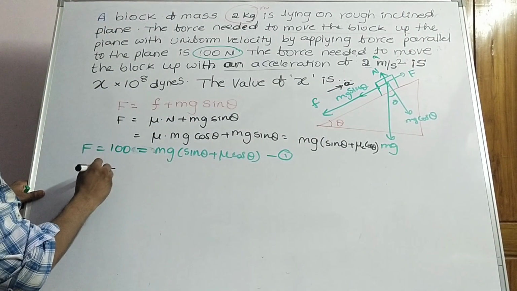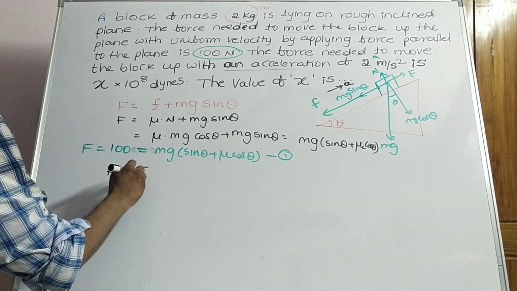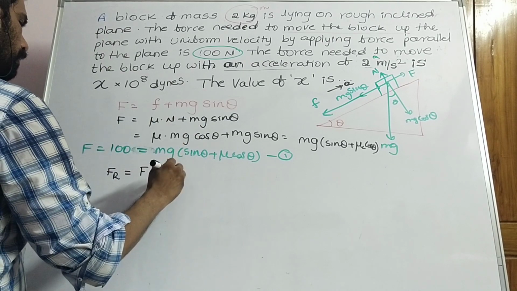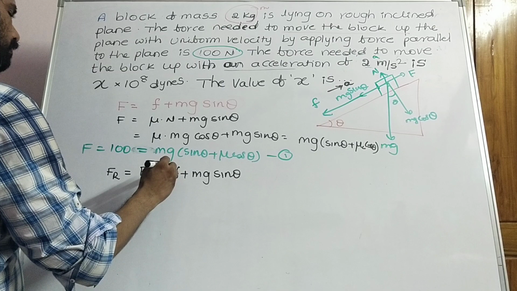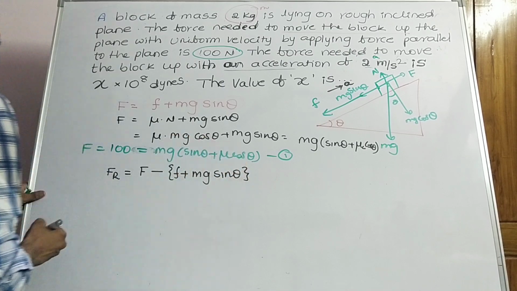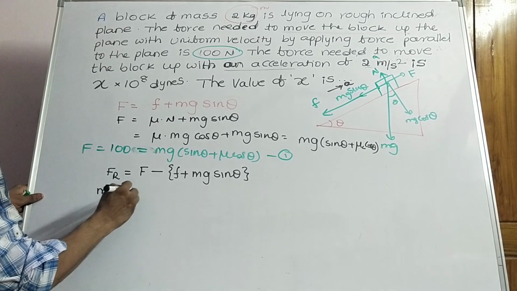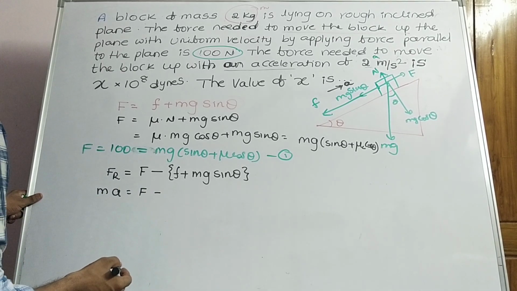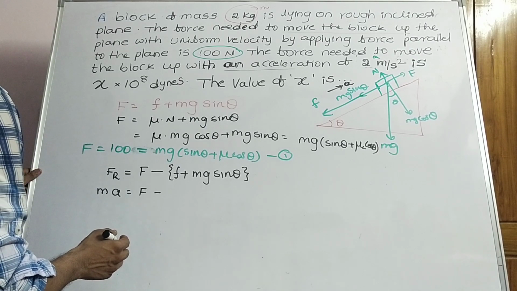Now Fr is equal to F minus f plus mg sin theta. Now Fr can be written as Ma is equal to F minus mg sin theta minus f, that is F dash.